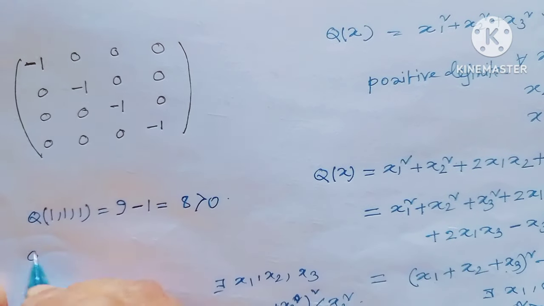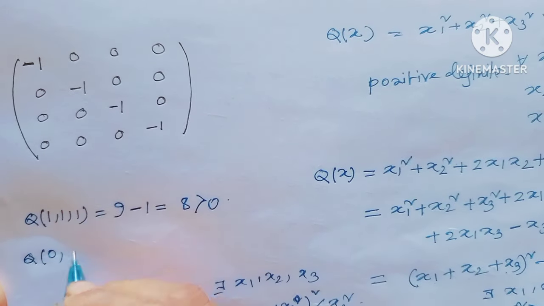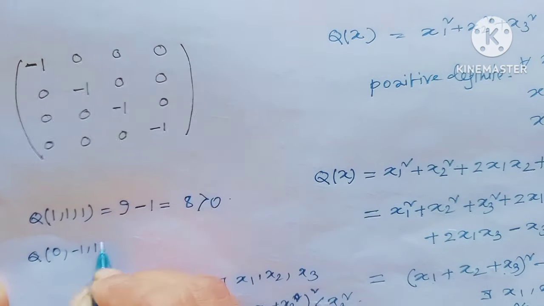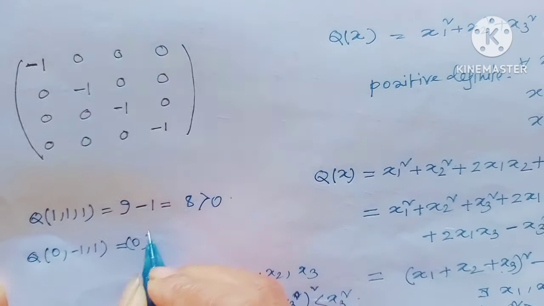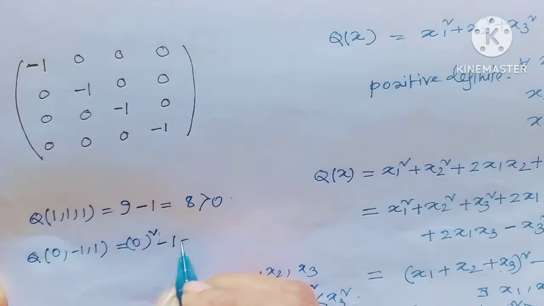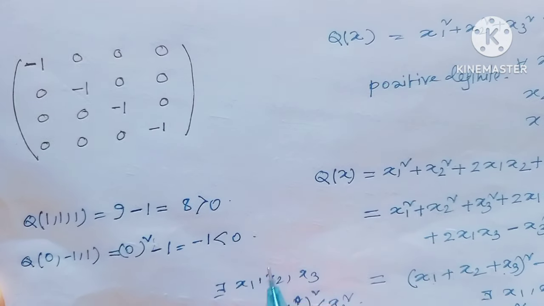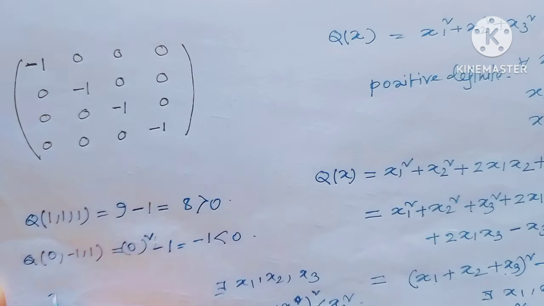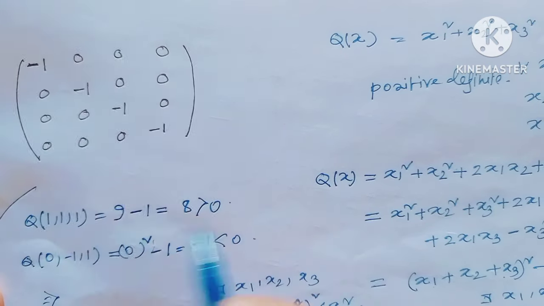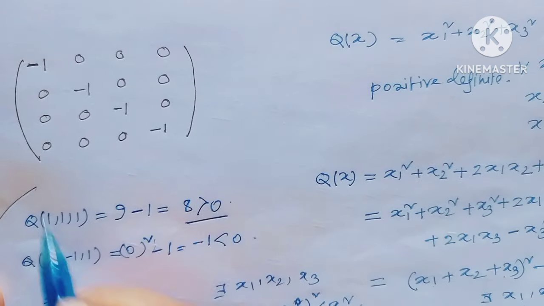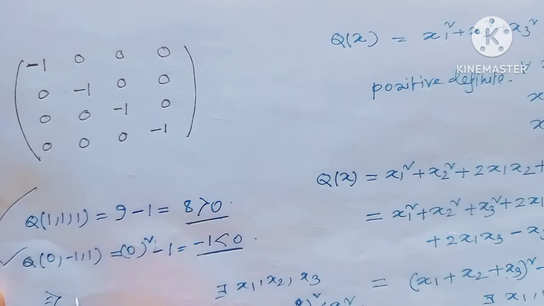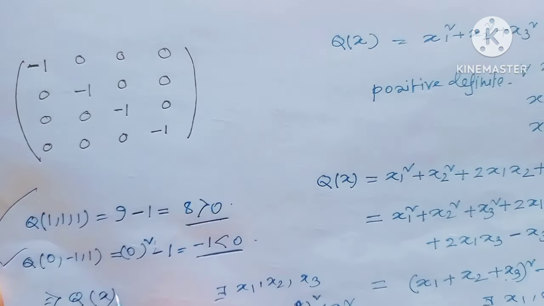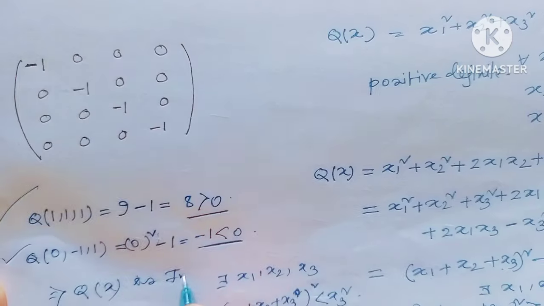Similarly, consider Q(0, minus 1, 1): this value is 0 square minus 1, which is equal to minus 1, strictly less than 0. Therefore, since this value is greater than 0 for one vector and less than 0 for another, obviously Q(x) is indefinite.